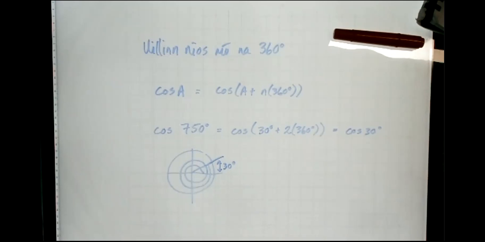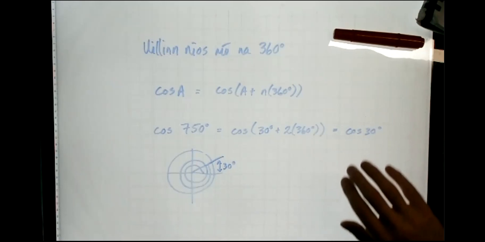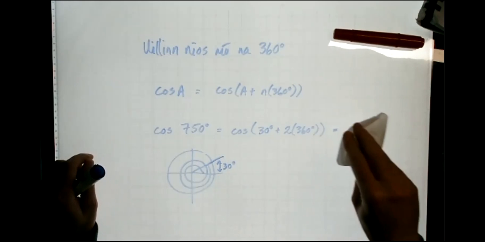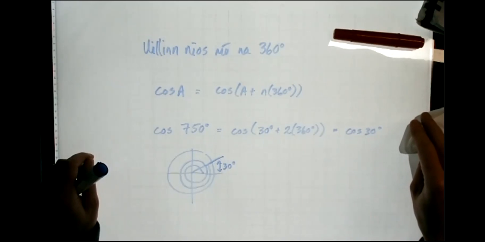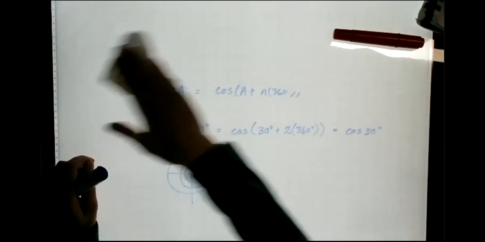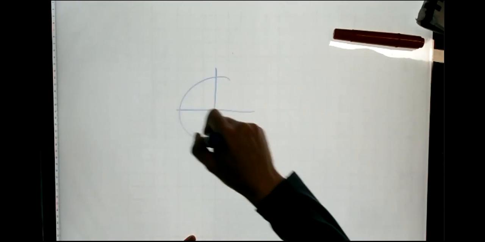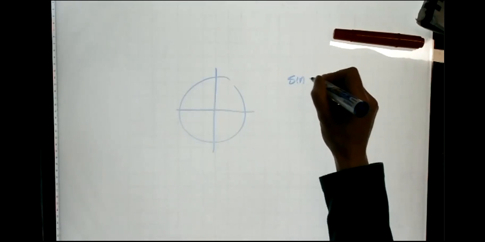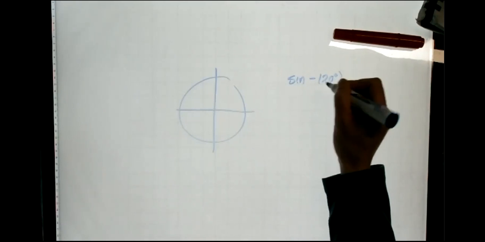Now here we have a negative sign. Looking at the graph, which graph is sin of minus 120 degrees?